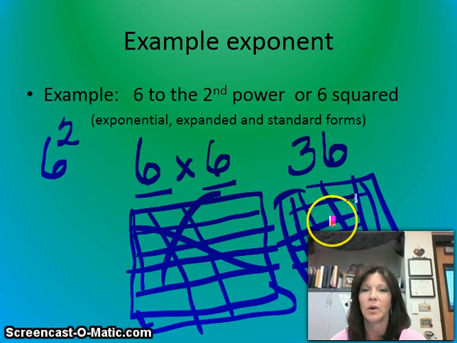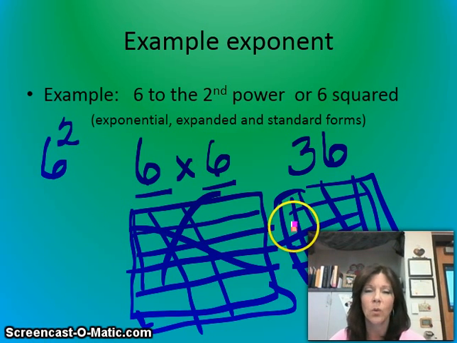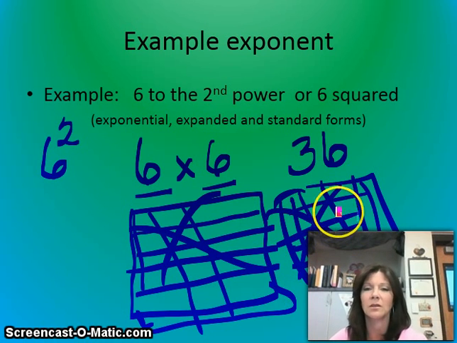Pretend that's a perfect square. I should have put one on here. That's what it would look like, and that's why it's called 6 squared. This is obviously not a perfect square.